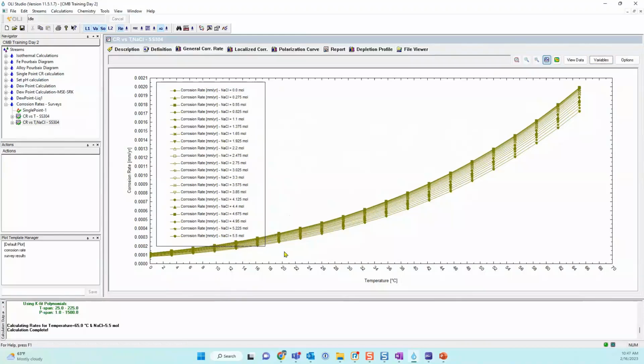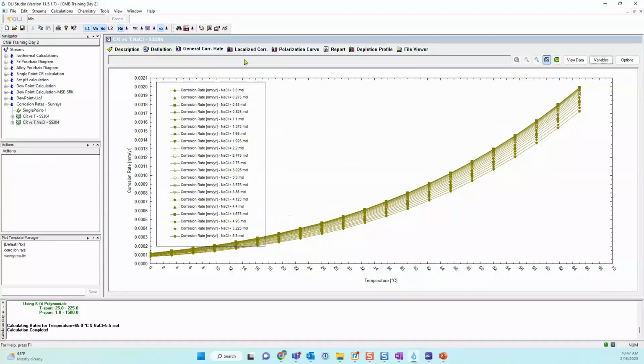This is not news to us. But you can also see that different data points here mean different salinities, right? So it goes from low to high. Seems that the one here at the top is the low salinity, 0 moles, and as you increase the moles, the corrosion rate goes a little lower here.